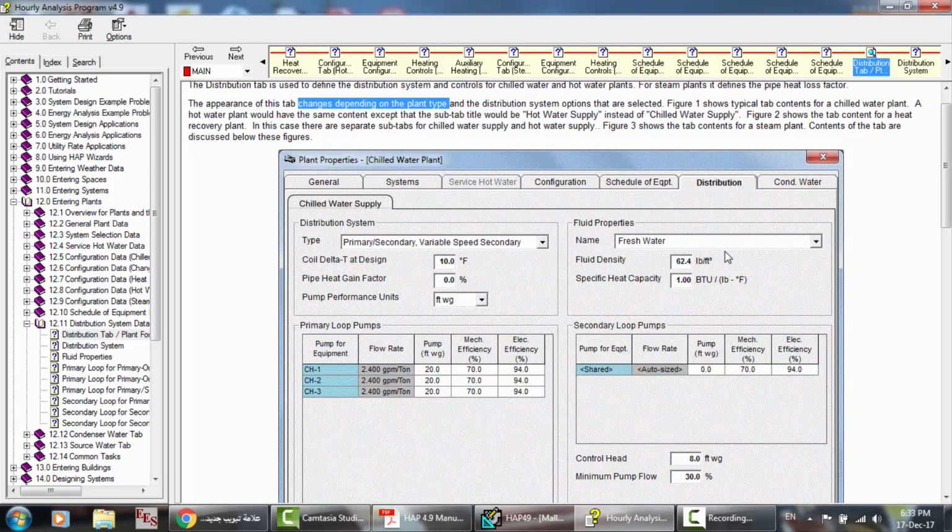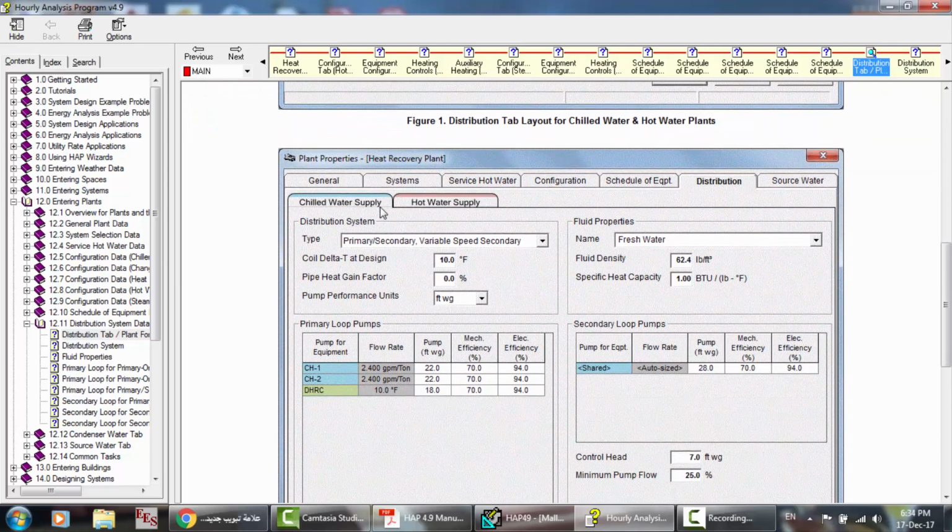Figure 1 here shows the typical tab contents for a chilled water plant. A hot water plant would have the same content, except that the sub-tab title would be hot water supply, and I'm going to see this in the next couple of minutes.